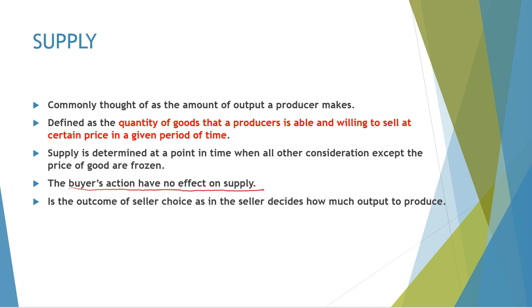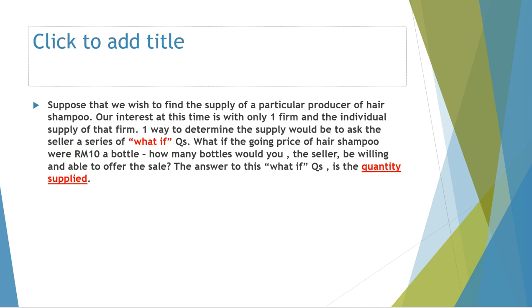So, supply is the outcome of the seller's choice, as in the seller decides how much output to produce. Okay. Suppose that we wish to find the supply of a particular producer of hair shampoo.